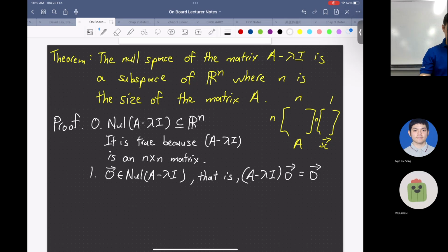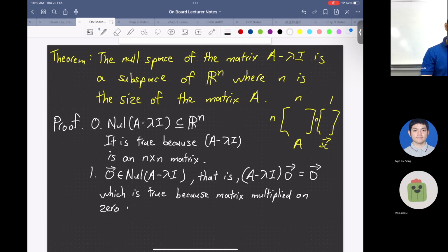So this is true, because of matrix multiplication.